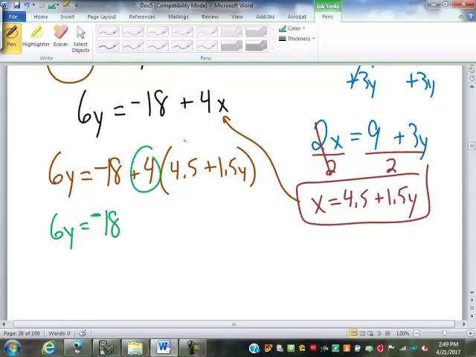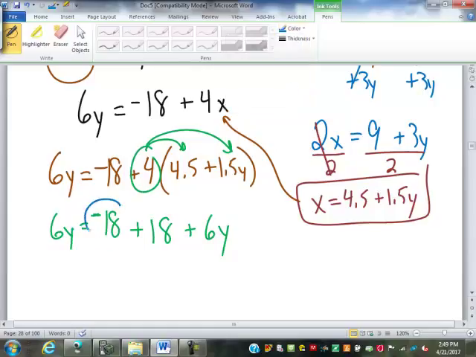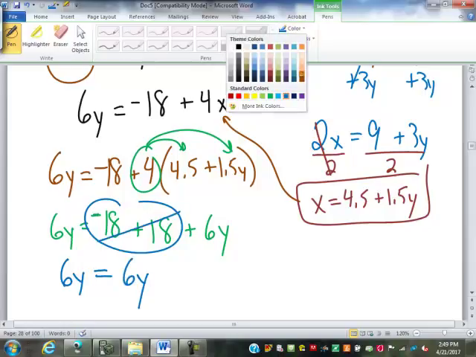We have 4 that we have to distribute through the parentheses. 4 times 4.5 is 18. Good. 4 times 1.5y is 6y. Now when we go to combine things here, we have negative 18 and positive 18 make what? 0. They cancel out. So we've got 6y equals 6y.